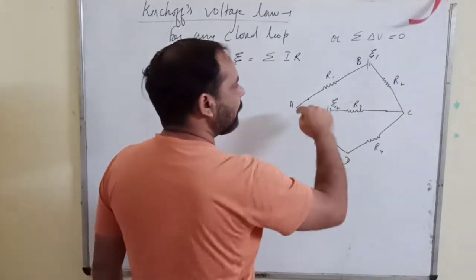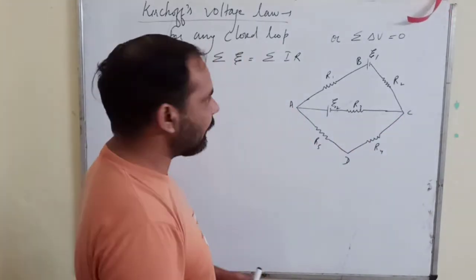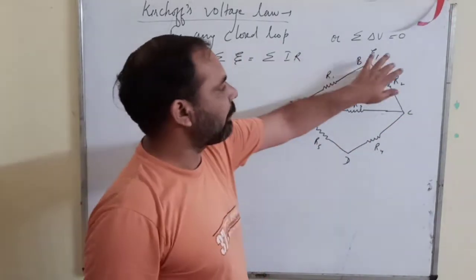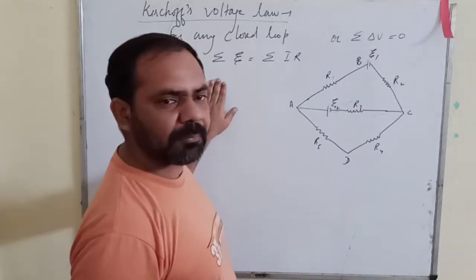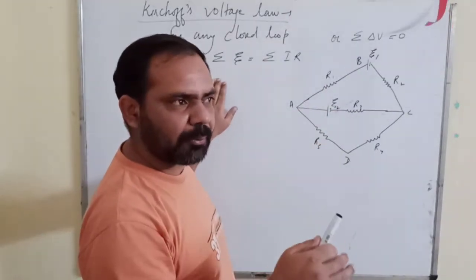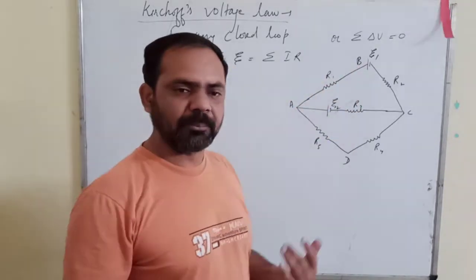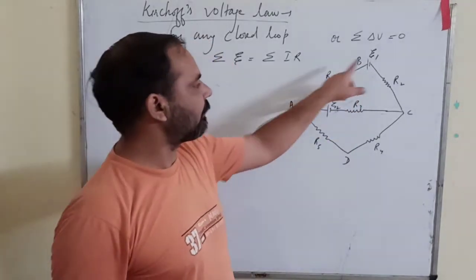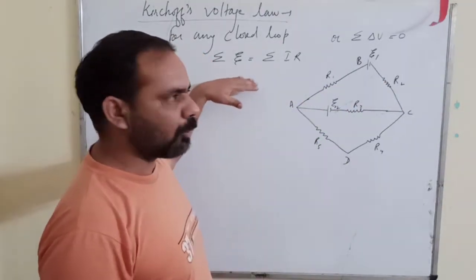If I am taking the loop as A, B, C, A, then this IR plus this IR plus this IR should be equal to the total EMF. Means you have two EMFs, so that sum should be equal to the sum of the individual IRs. This is your Kirchhoff's voltage law.